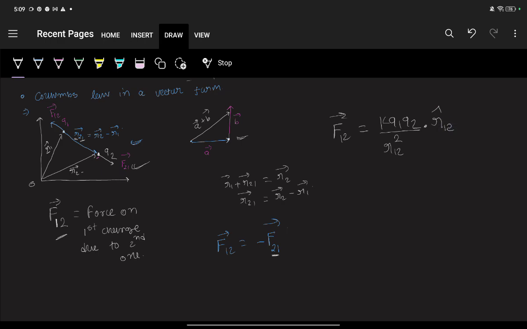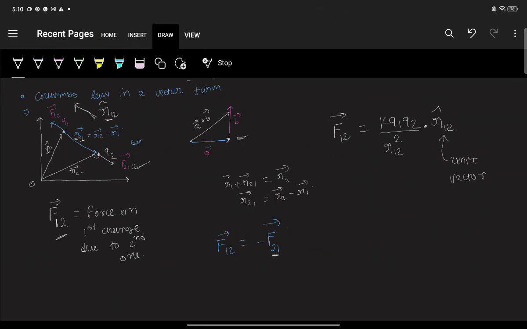This is called a unit vector. It represents the direction. So F12 is in this direction. Understood? Yes, sir. Okay, so this was the representation of force in vector form.